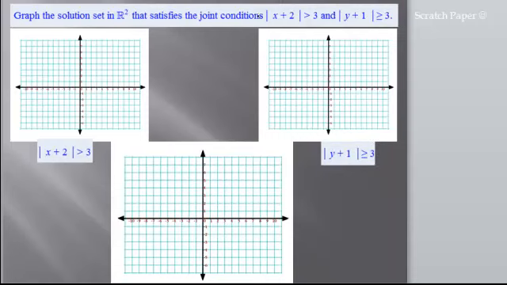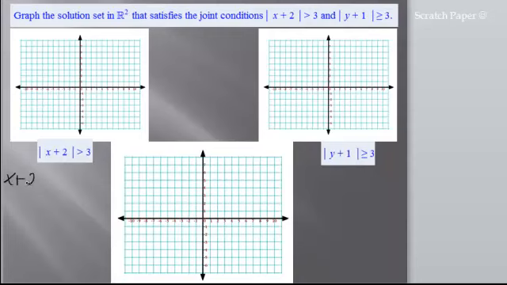We should focus on this problem, and then we'll focus on this problem. There are several things going on in this problem, and we need to make sure that you understand all the little pieces. So if we wanted to graph just this inequality, remember the rules for absolute values and inequalities.